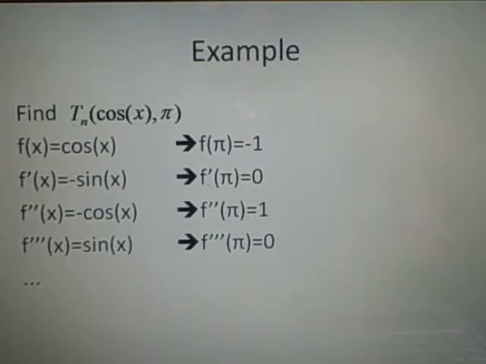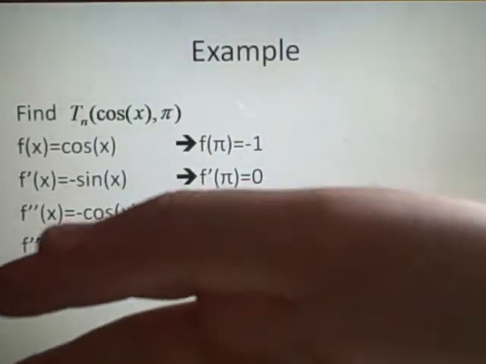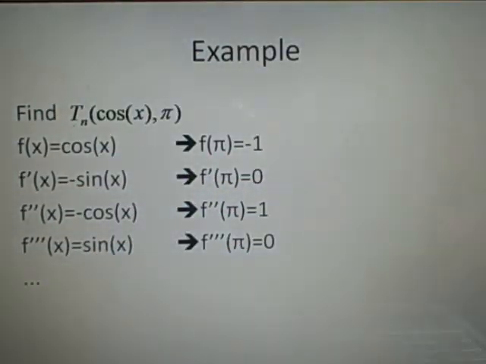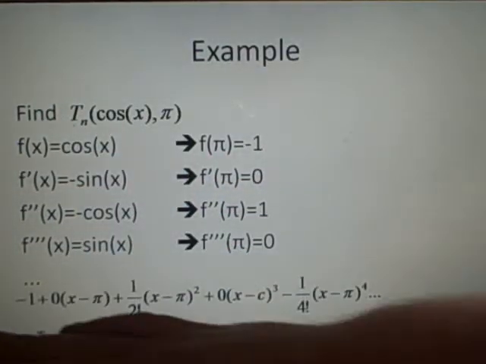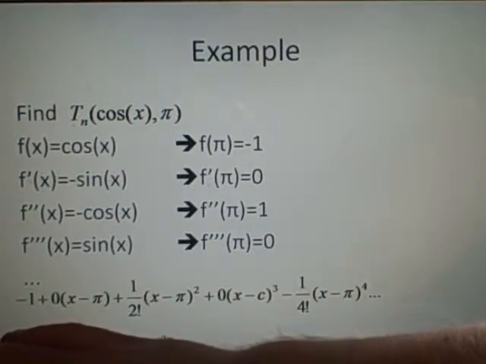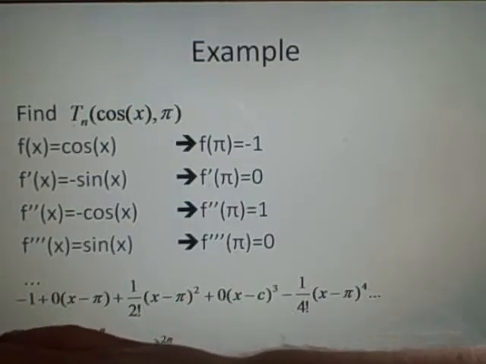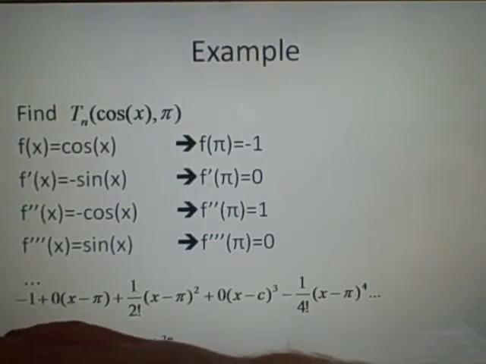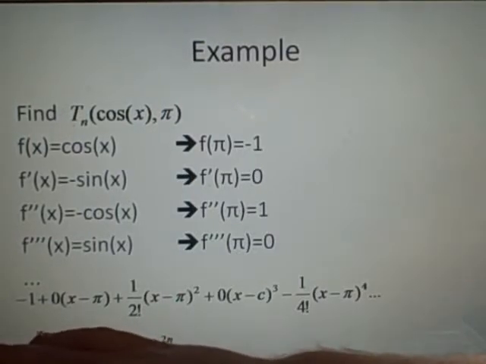What we want to do is first write out as many as we can of the Taylor series terms, which we've done here. If we just ignore the bottom, you can see that. We have minus 1 plus 0 times x minus pi, plus 1 over 2 factorial times x minus pi squared, plus 0 times x minus pi cubed, minus 1 over 4 factorial times x minus pi to the 4.